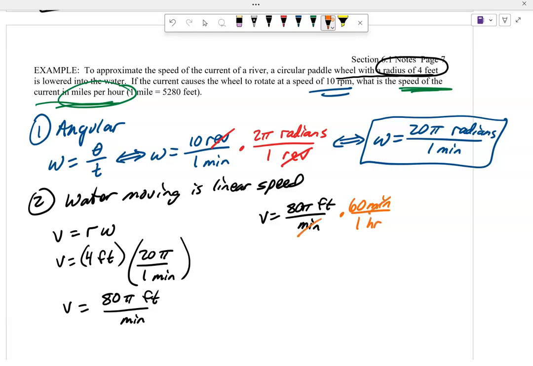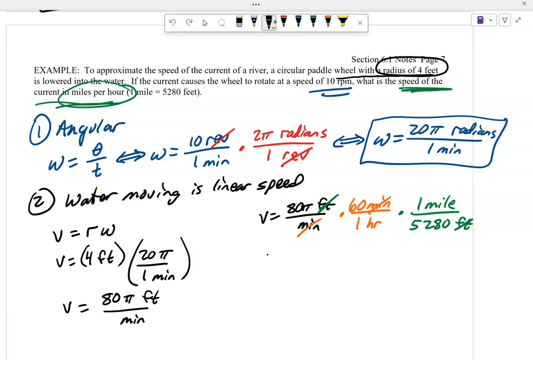So now we're in feet per hour. Again, we want miles per hour, not feet per hour. Well, we also know there are 5,280 feet per mile. So 1 mile for every 5,280 feet. Notice my feet cancel. So we're left with miles per hour.